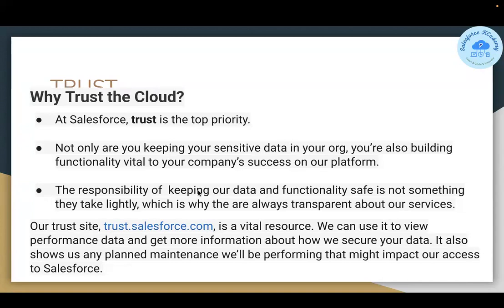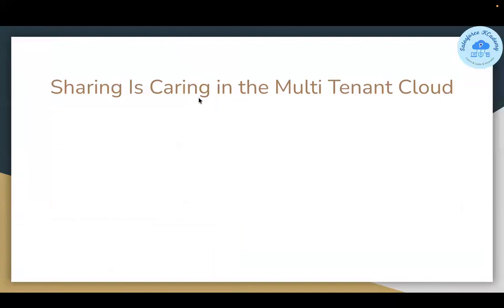Now, this is about the multi-tenant architecture of Salesforce. Sharing is caring. That means we share some resources and some spaces, but not all. We have our own individual space, individual memory, and individual security, and we have some shared security, shared spaces, and shared limits.